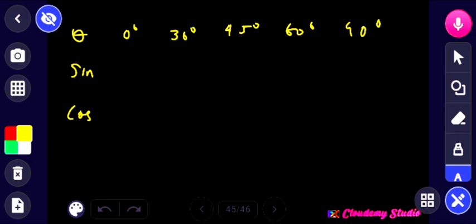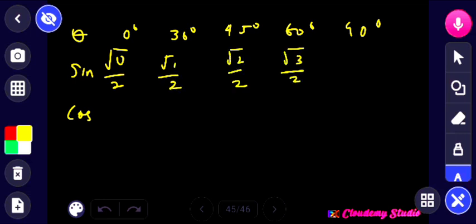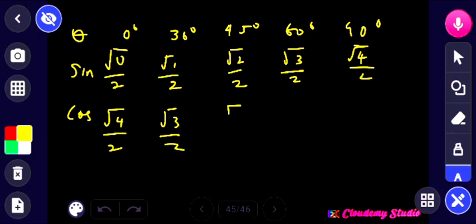For sine, this one is going to be root 0 over 2, root 1 over 2, root 2 over 2, root 3 over 2, root 4 over 2. For cos, this one is still root 4 over 2, root 3 over 2, root 2 over 2, root 1 over 2, and root 0 over 2.